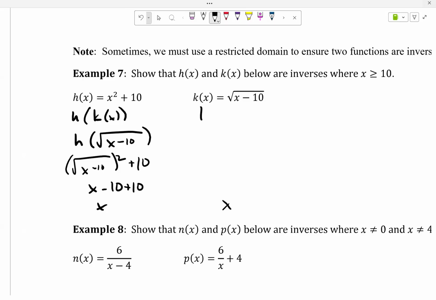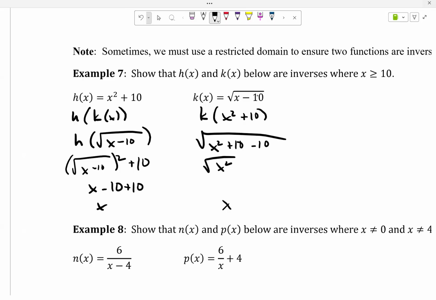So this one is K of H of X, so I'll go ahead and plug that in right here. So this is going into my square root, so X squared plus 10 minus 10, square root of X squared. Wait, Mr. Lieberman, I was like, what if X is plus or minus? So what if X is negative? Then that doesn't work. What kind of number comes out of a radical?